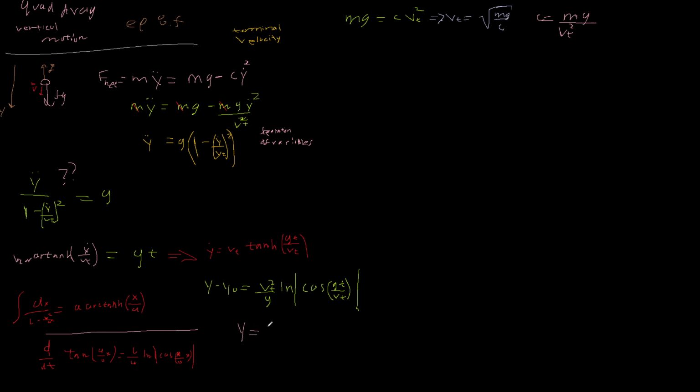So y equals y naught plus vt squared over g natural log of the cosh of gt over vt. And this is our final equation for y.